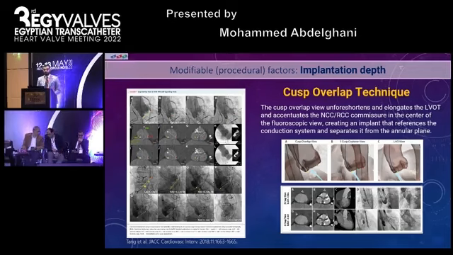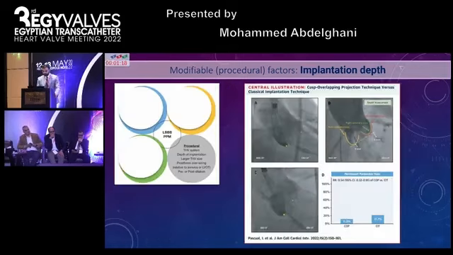suggested that the use of the cusp overlap technique will help us even more and more improve the implantation depth and take our devices away from the conduction system. And the idea is that the cusp overlap view foreshortens and elongates the LVOT and takes the non-coronary cusp on one side of the screen, and then you can focus on the implantation depth in relation to the non-coronary cusp where the conduction system is more or less located.